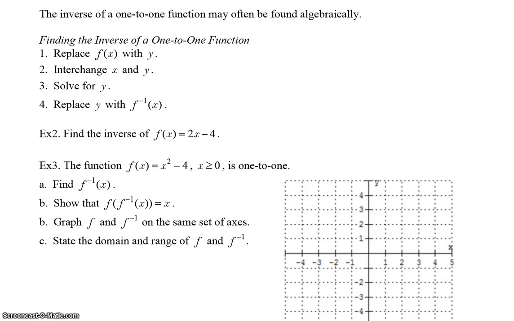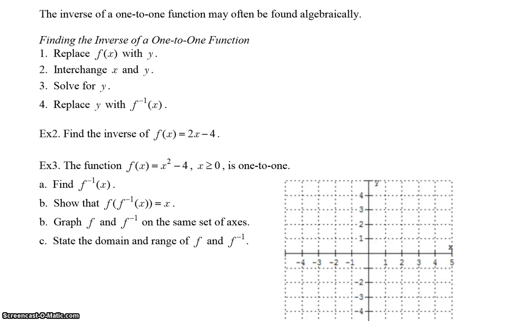Now, how might we find the inverse of a one-to-one function if we don't know what it is? It's not given to us in the problem, basically. For many functions, there's an algebraic approach that can be used. It can be essentially boiled down to a four-step process. It's not always possible to apply this process, but very often it can be used.